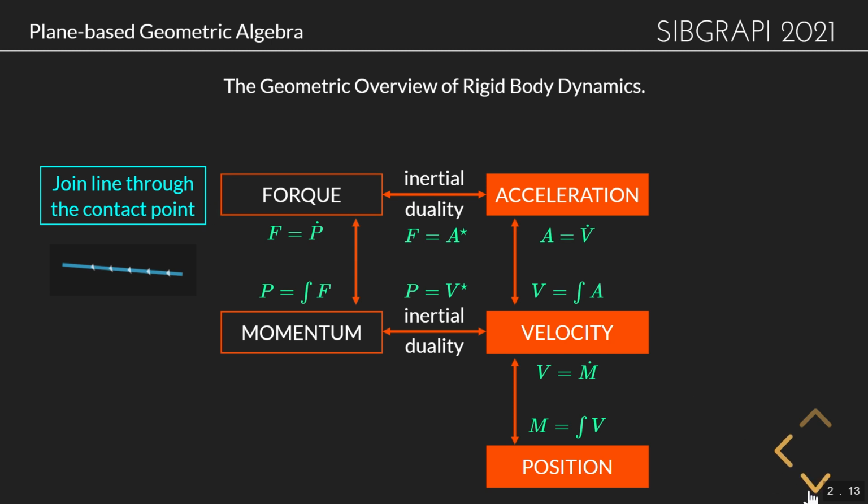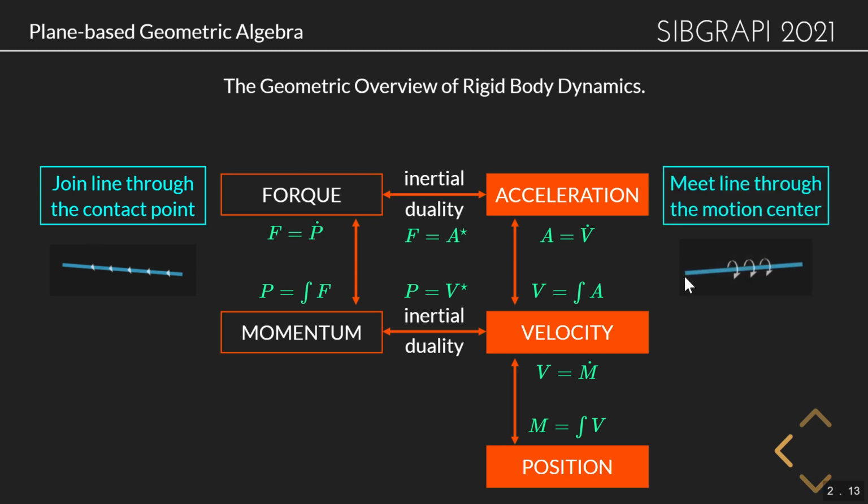And then if we want to find out the acceleration that is caused by this force, we can just take the dual and we will get a meet line through the motion center. So if we push at infinity, our meet line will be through the origin. If we push at the origin, our meet line will be at infinity, which is exactly what this inertial duality does.